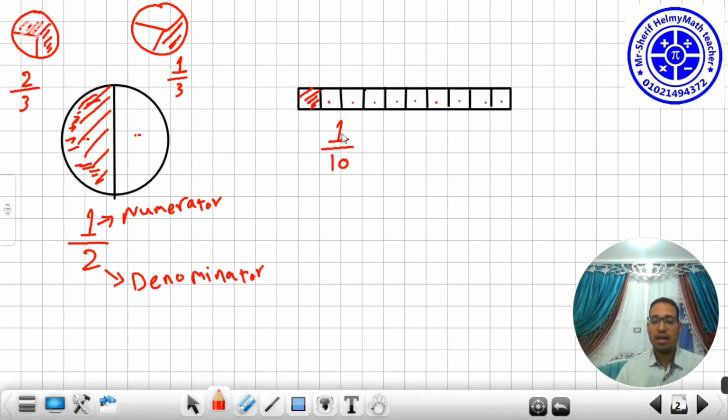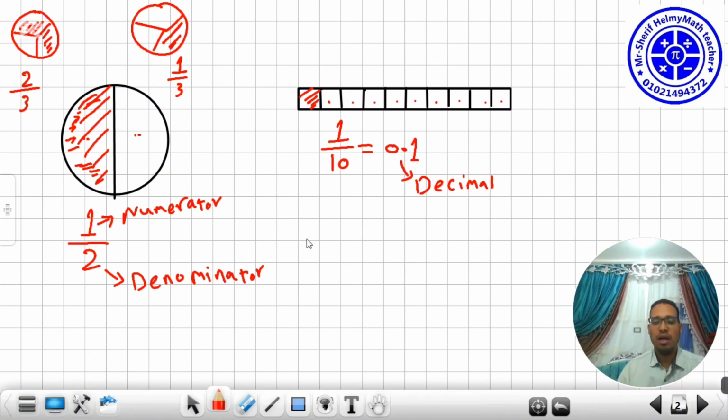This fraction I can write in another way, like this. Look, 0.1. 1/10 is the same as 0.1. 0.1 is called decimal. Why did I call it decimal? Because it has a decimal point here. Because we have a decimal point, its name is decimal.